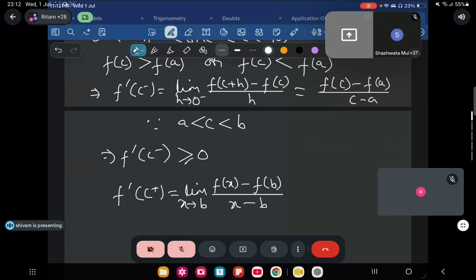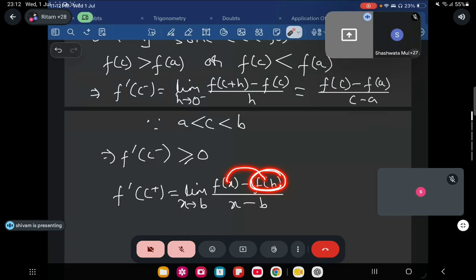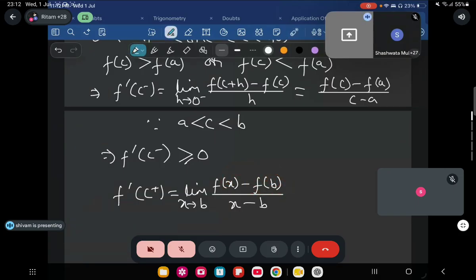Now tell me everyone, f of a and f of b, they are same only. Wait a minute, we are finding at c, right? So it should be c tends to b.